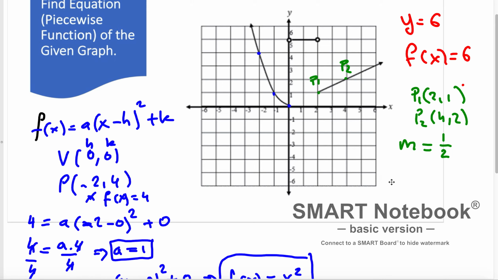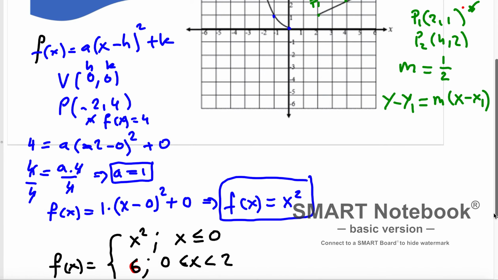And we take the point-slope form. The point-slope formula to find the equation is y minus y1 is equal to m times x minus x1. Here I can take either point, but because this one is smaller, I'm taking point 1 and applying it in this equation.